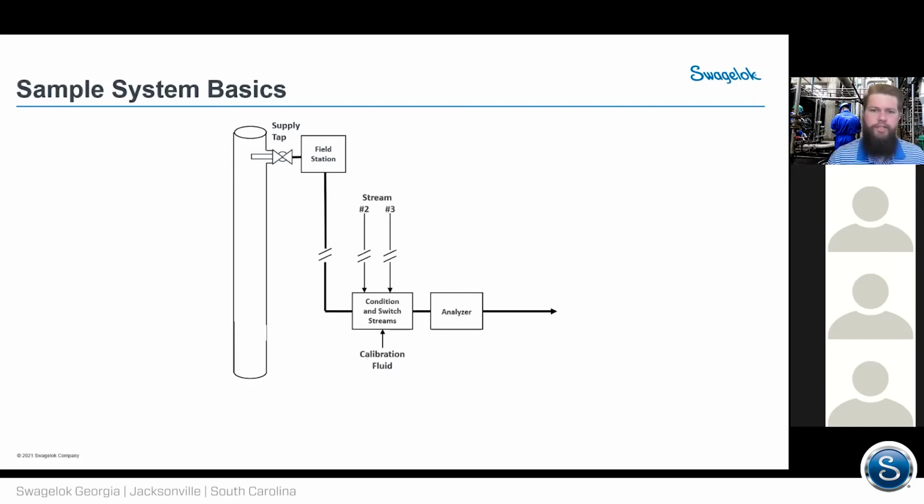Next section of the system is our conditioning and maybe calibration system. We kind of combine these together because we can fit them all together in the same enclosure really close to the analyzer. Usually an analyzer isn't going to have one single stream.